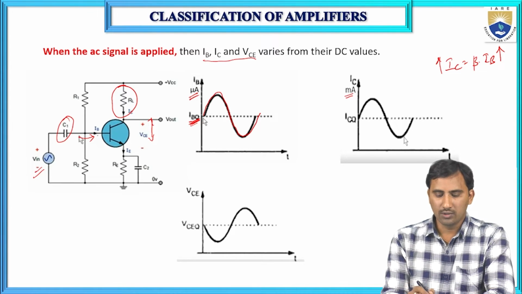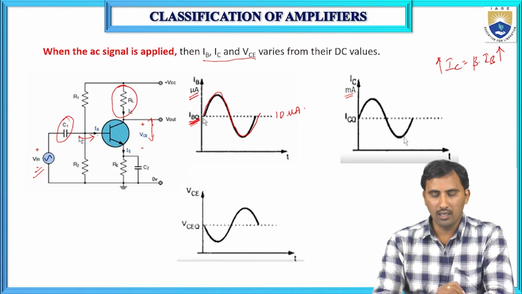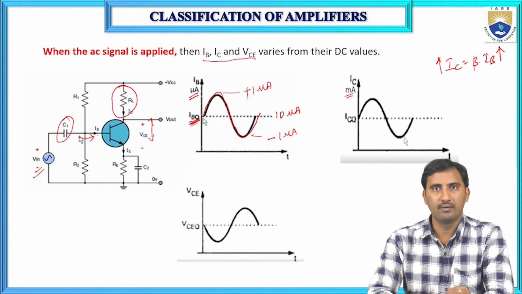Let's assume IBQ is 10 microamperes, and the maximum value of the AC signal is 1 microampere, and the minimum is -1, maximum is +1.